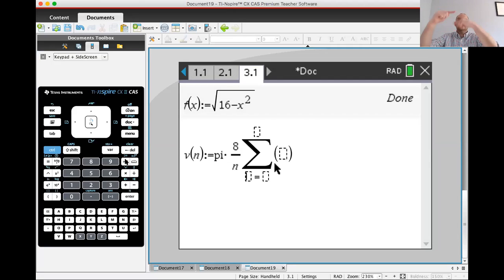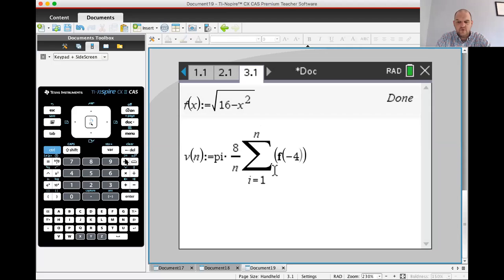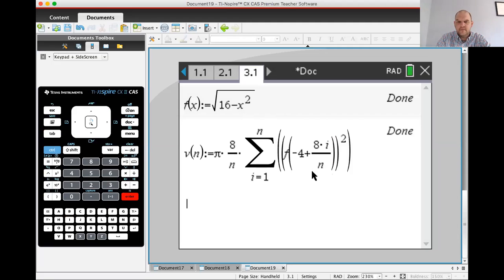If you have two radii, you need to be very, very careful about that on the calculator. And then f of x sub i, in this case, is negative 4 plus 8i over n. And then we're going to square the radius. So pi is right here. The radius is this, pi r squared, and then the height is this. So this is good to go.